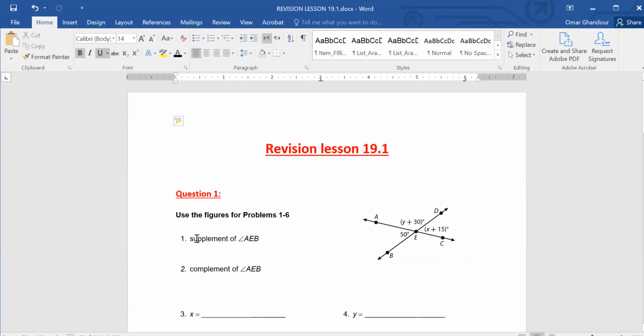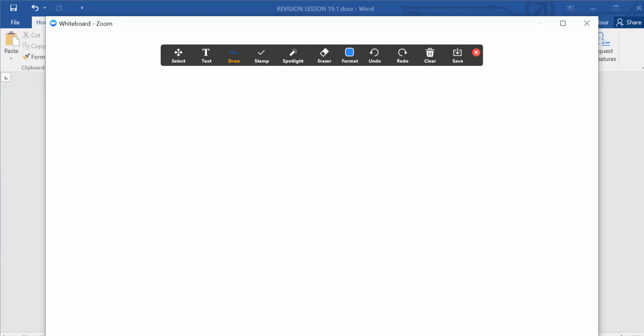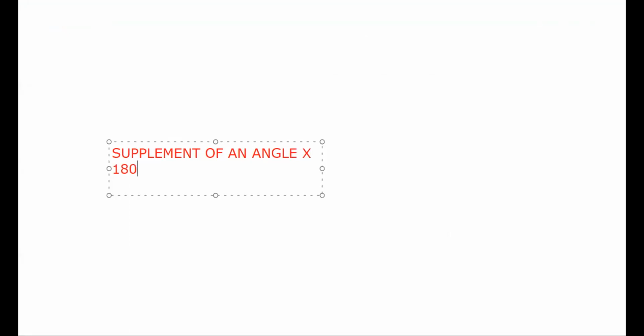What does it mean, the supplement of and the complement of? This is a very important thing. We took a note about it, but it's important, so let's write it again. Girls, when he tells you supplement of an angle, for example, supplement of an angle x, it is 180 minus x.